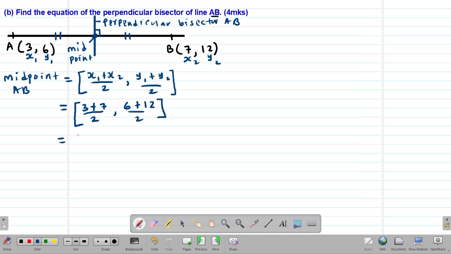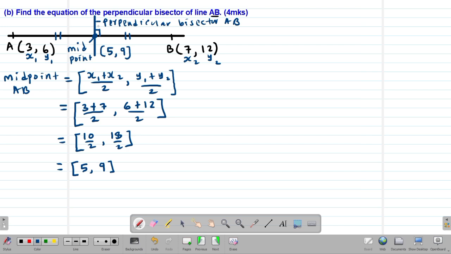So this is going to give me 3 plus 7, I'll get positive 10, divided by 2, comma, 6 plus 12, I'll get positive 18, divided by 2. So this is going to give me 10 divided by 2, I'll get positive 5, comma, 18 divided by 2, I'll get positive 9. Therefore, the coordinates of the midpoint is actually 5, comma, 9.